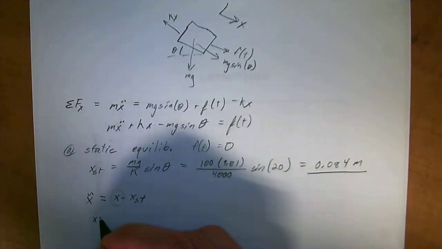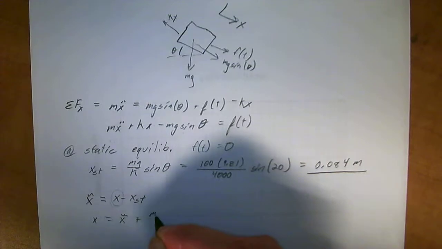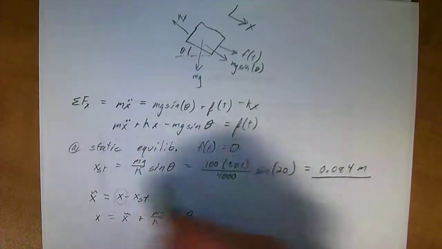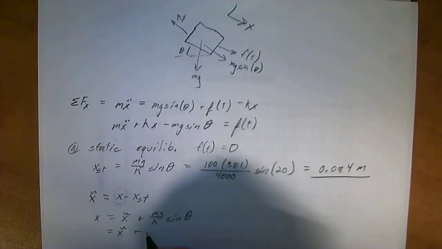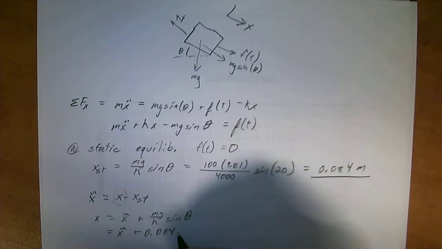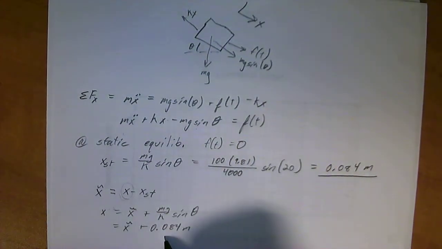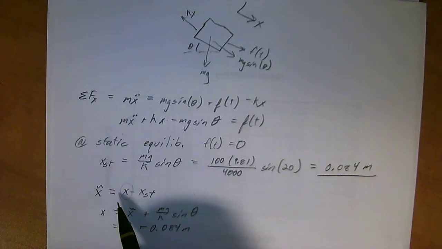So x of t is equal to x tilde plus mg over k sine of theta, which is just this calculation up here, which is equal to x tilde plus 0.084 meters. So you're putting in the static equilibrium to whatever just the forcing function result is, which will give you the total result. I think I may have stated that incorrectly earlier.